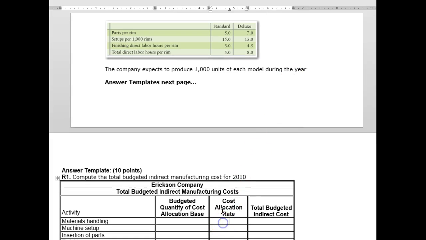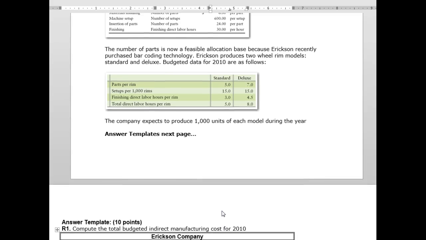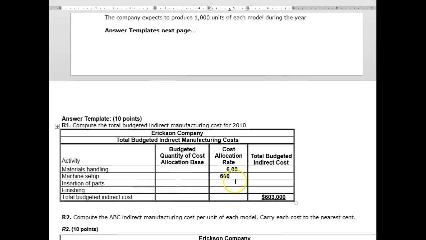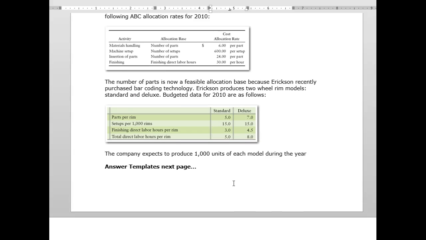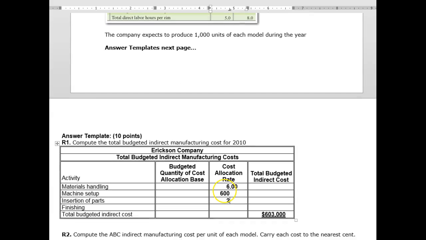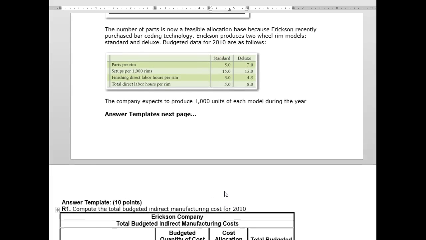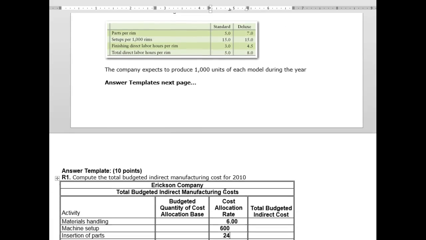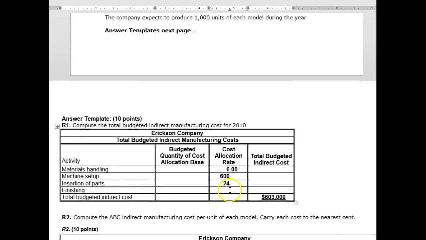So that will go right there, right? You're going to bring all those numbers down. 600 per setup, right? And the insertion of parts was 24, and the finishing was $30.